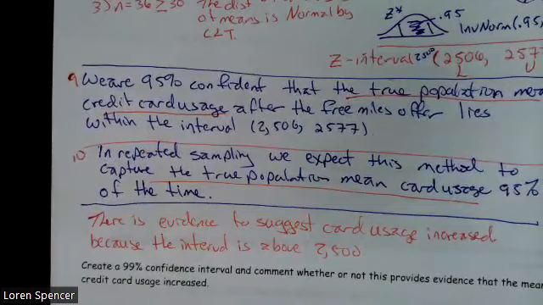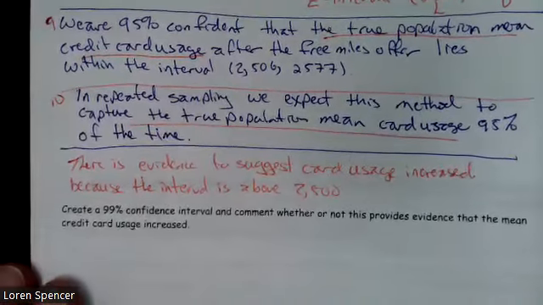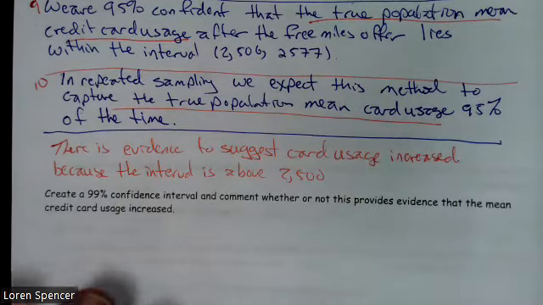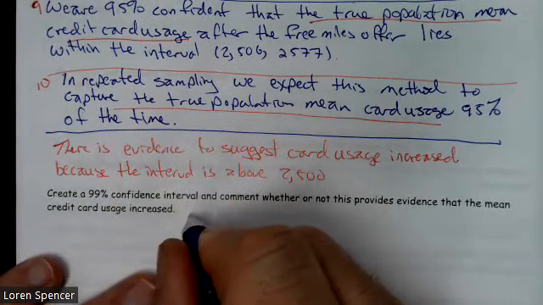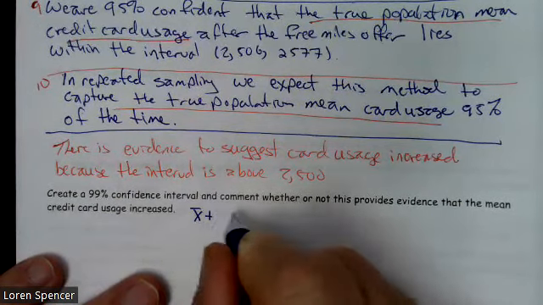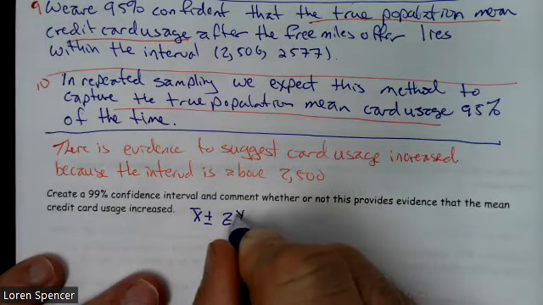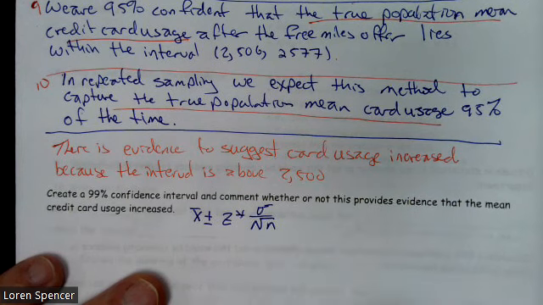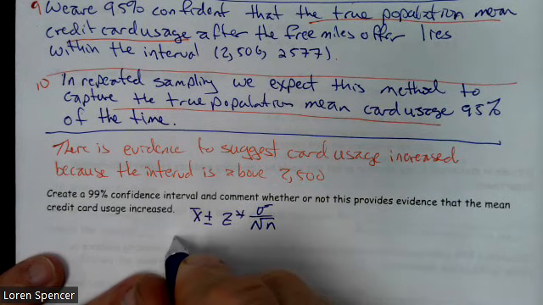All right. The very last part of it. It says create a 99% confidence interval and comment whether or not this provides evidence. Well, we're not going to have to go through everything else because we've done it. So our formula is X bar plus or minus Z star standard deviation over square root of n. Our X bar is 2,542.